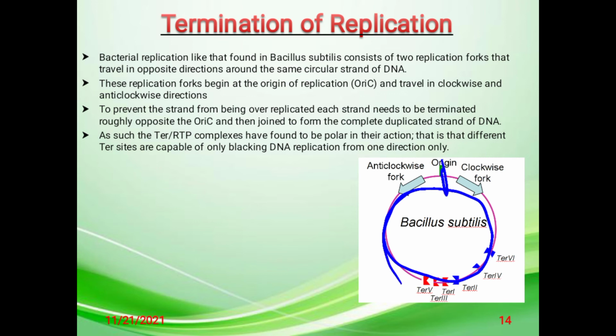This is the origin. This side has two replication forks, and one moves clockwise and the other moves anti-clockwise. These are the Ter sites, and there are 6 Ter sites.